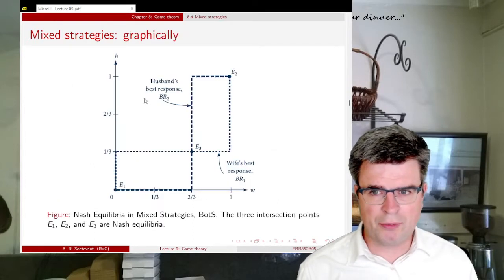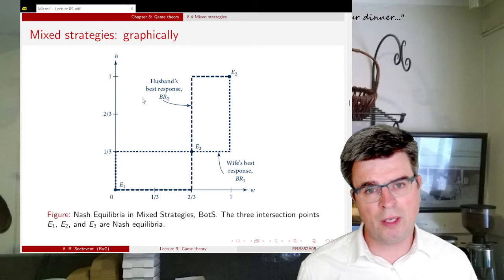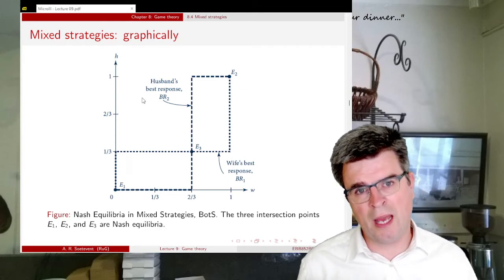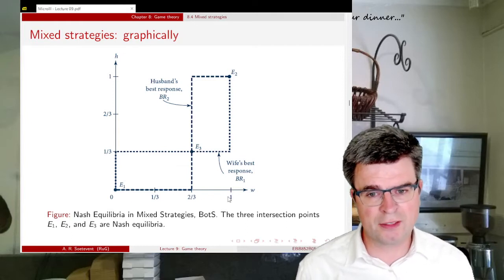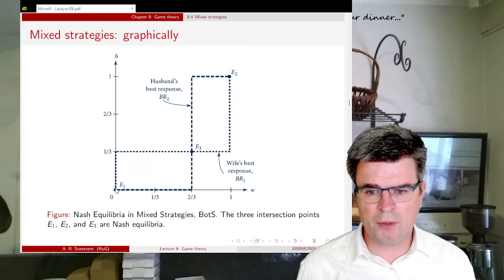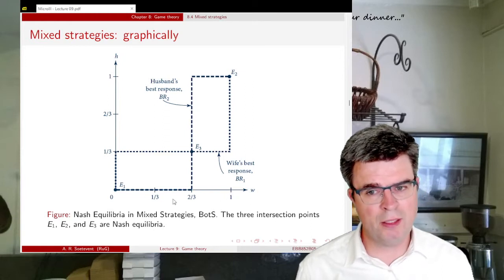We can also show it graphically. So this is the best response function that you know from previous coursework. But now we don't have the different actions on the x and the y-axis, but we have the probability on the x-axis and the y-axis. So this is the notation from the book, but this is the probability with which the row player mixes between Italy and Sweden.